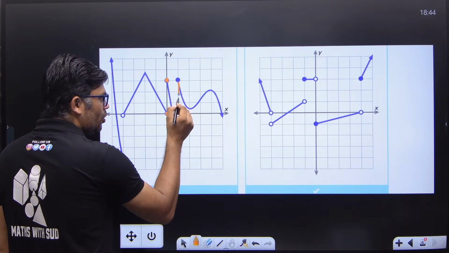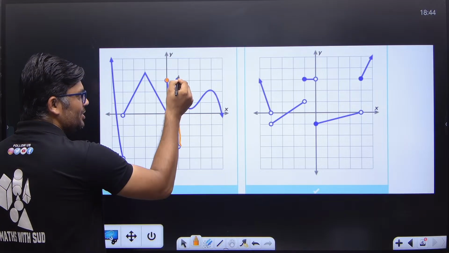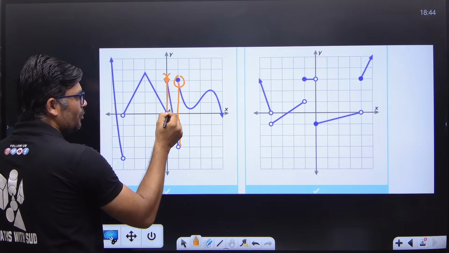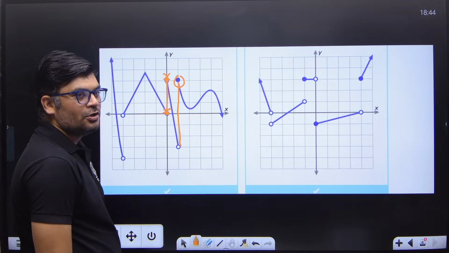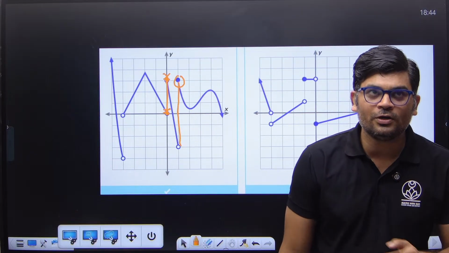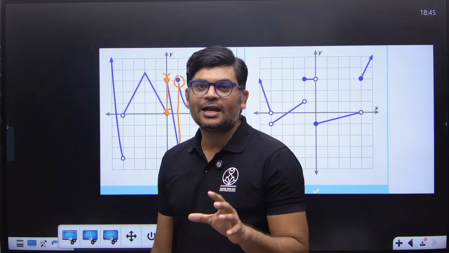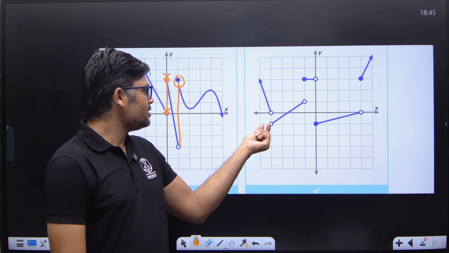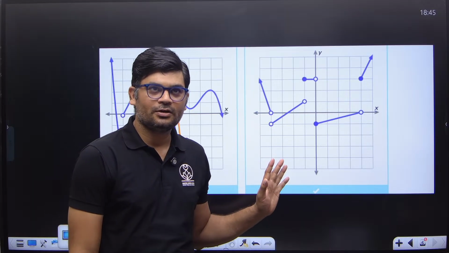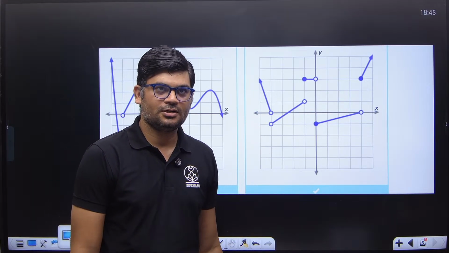So if you draw a line, you can see that it is striking at only a single point. But if you draw a line here, you can see this point and this point. So if it is a darkened point, it is included. You have to include that point. If it is not darkened, if it is just a small blank hole, then it is not included. It is not touching it.